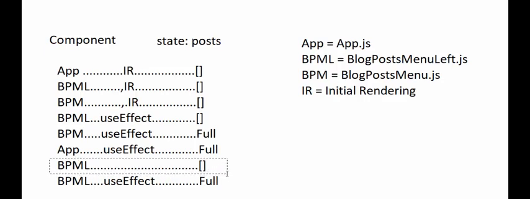It is a child that we are rendering, but how is it possible? BPML depends on post from App, and post from App is full. We show that console: full, but BPML is an empty array. How is it possible?